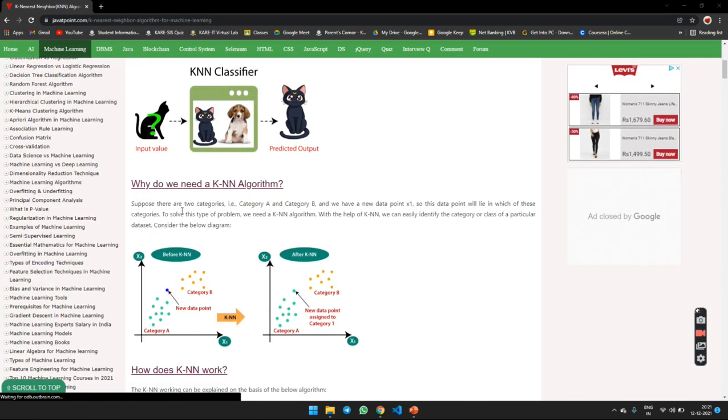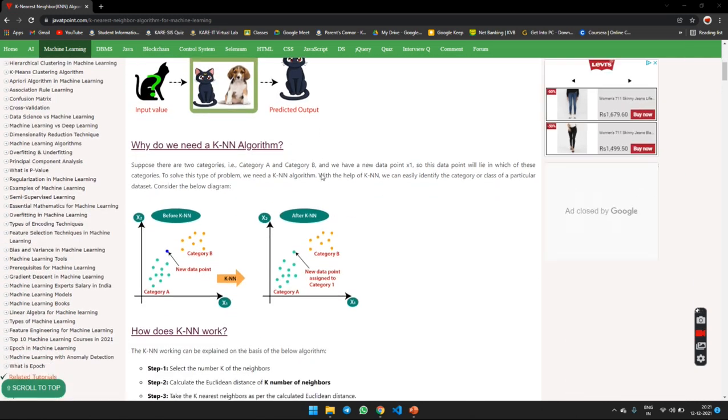It's exactly correct. Why do we need the KNN algorithm? Suppose there are two categories, A and B, and we have a new data point x1. Which category will this data point lie in? To solve this problem, we need the KNN algorithm, with the help of which we can identify the class of a particular data point.